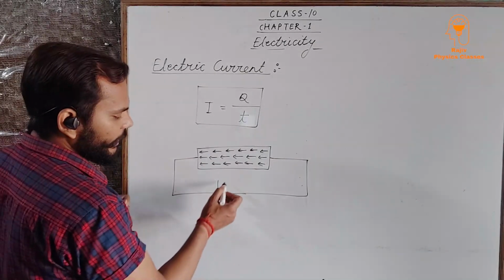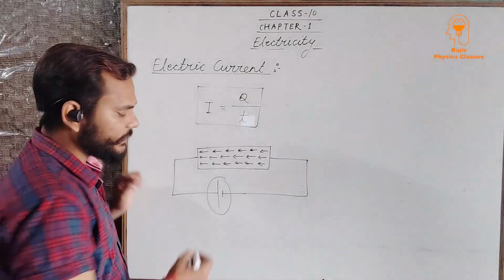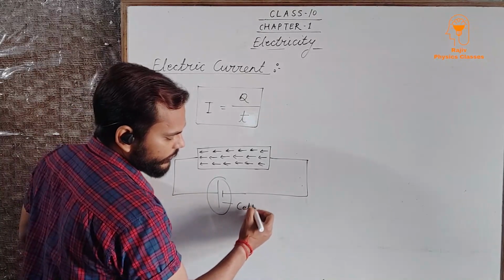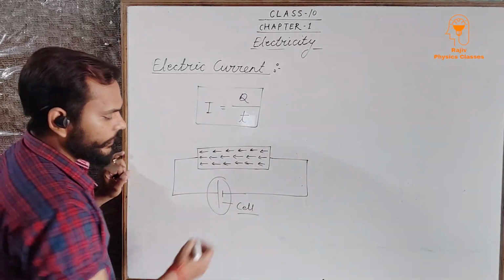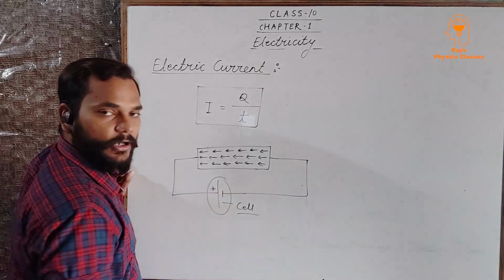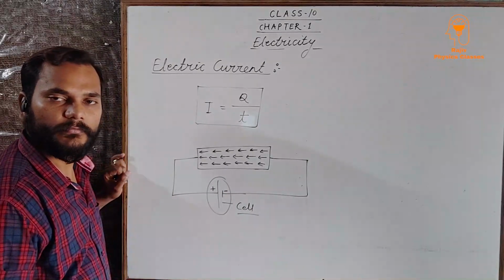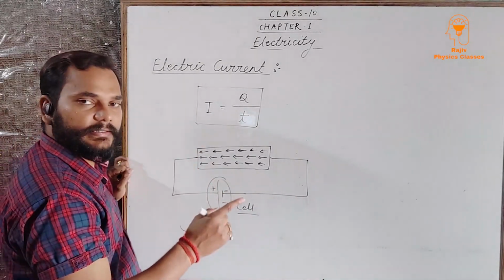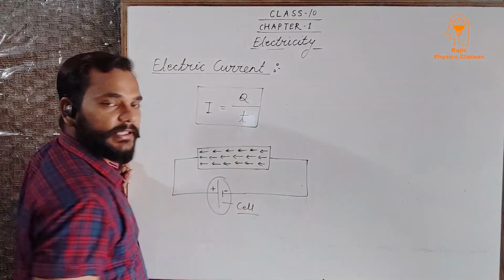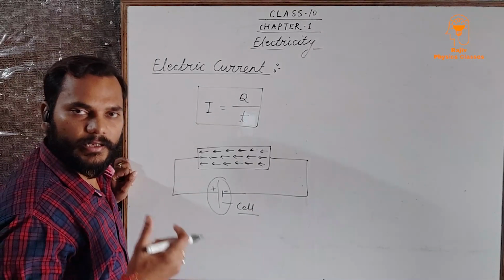This symbol I will explain properly later. Actually this is the symbol of a cell, and you all know what a cell is. This is the positive terminal of the cell and this is the negative terminal of the cell.